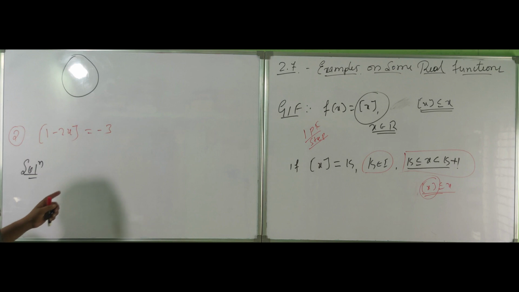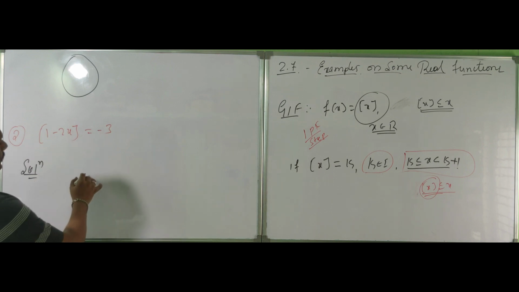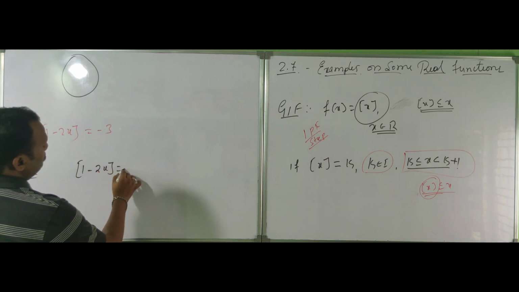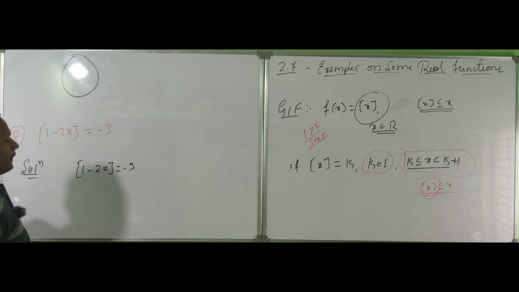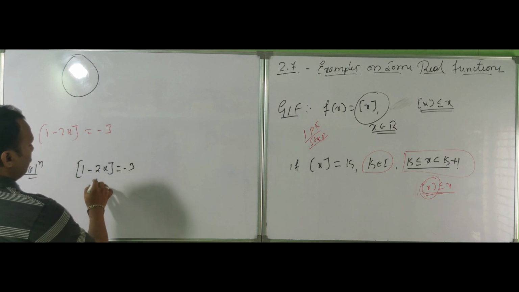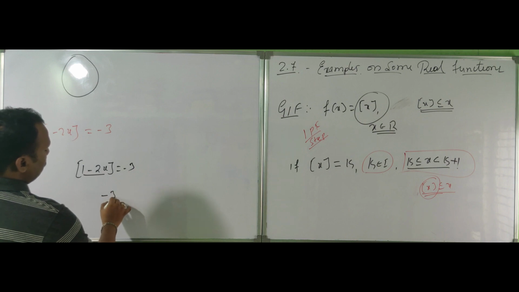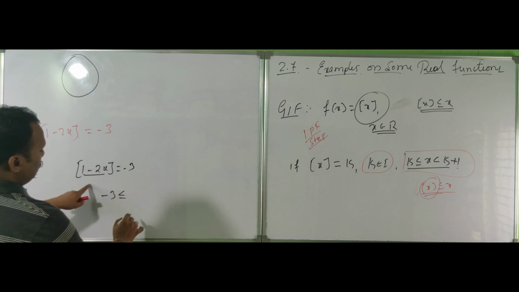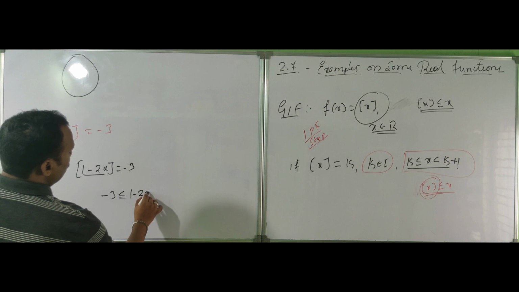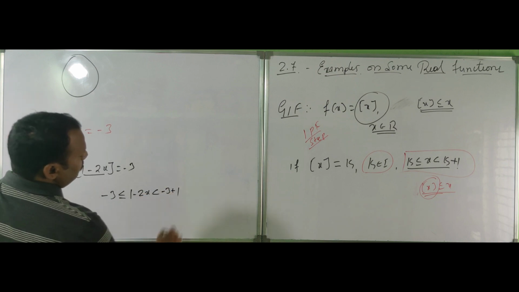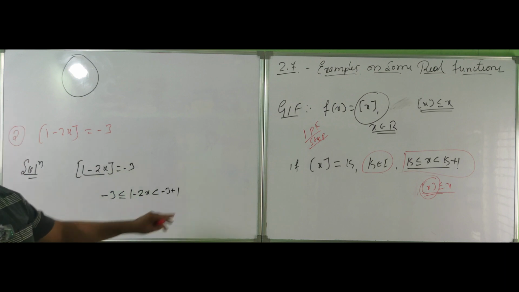If I write, this is the k, minus 3, less than or equal to this value 1 minus 2x, less than minus 3 plus 1.